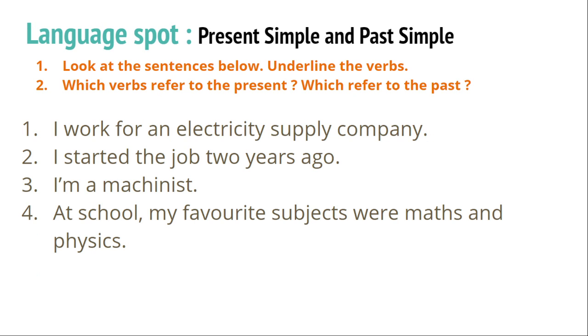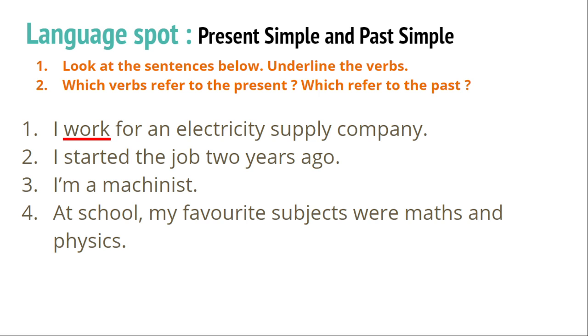Language spot: present simple and past simple. Look at the sentences below. Underline the verbs. Which verbs refer to the present and which verbs refer to the past? I work for an electricity supply company. The verb is work.